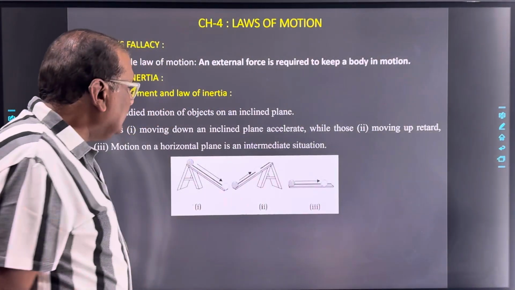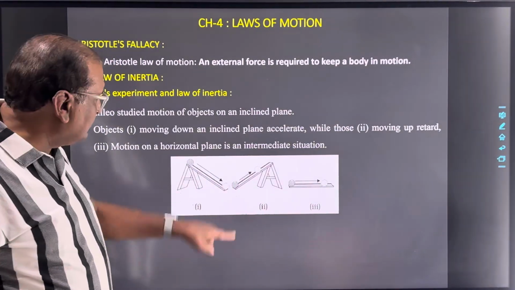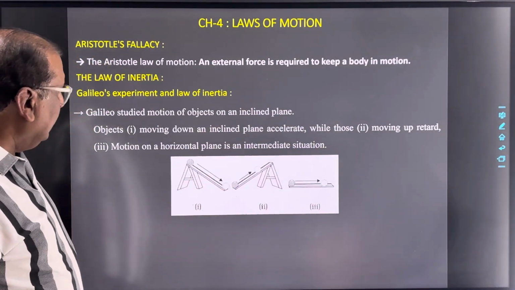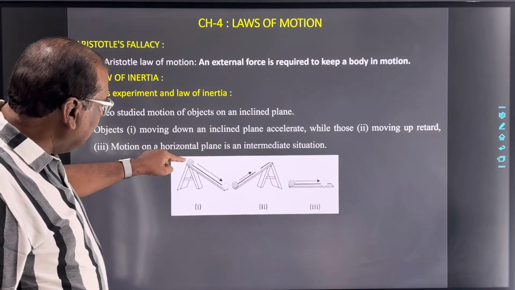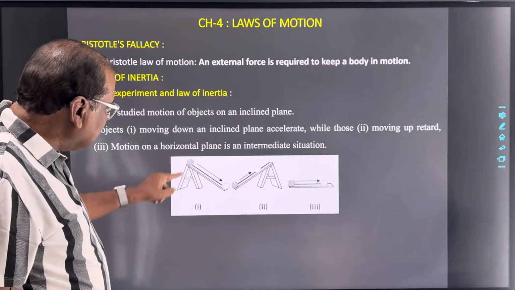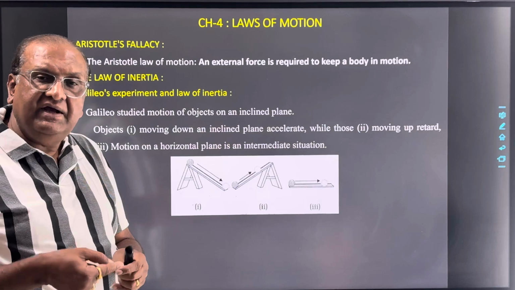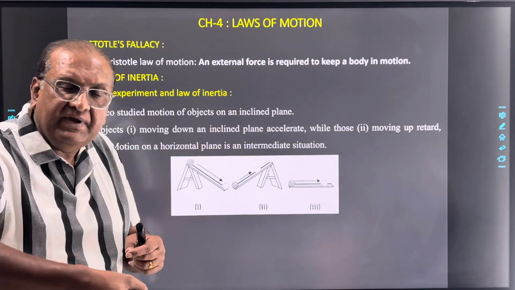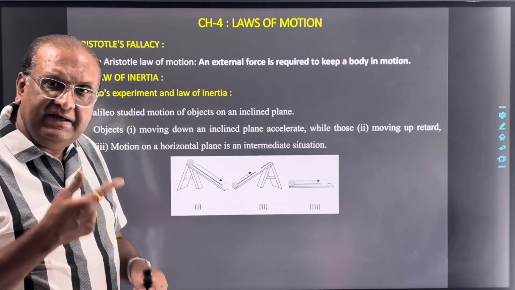In his experiment he took two inclined planes as shown in the figure, and one spherical body. When released from the top of the inclined plane, he observed this thing: when the body is moving in the downward direction, it accelerates. It implies that its velocity is continuously increasing.